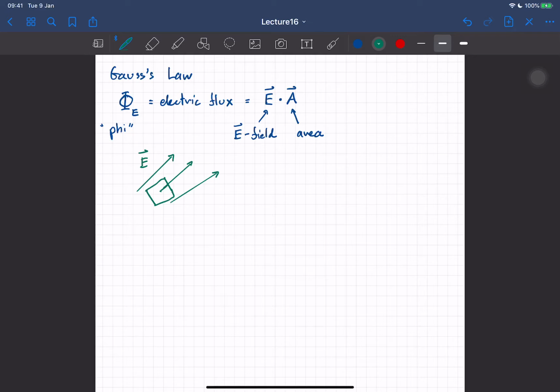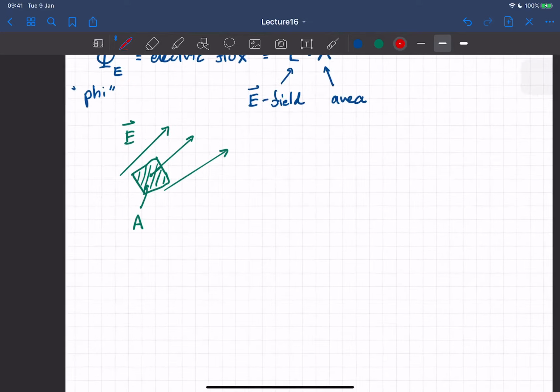You cannot see the electric field, but imagine that it's actually an arrow pointing in whatever direction. You can take the piece of paper and see how many arrows of electric field are piercing through the paper, right? And this area is the area that I talk about in this expression here. So it's the area of the paper that you imagine is there.